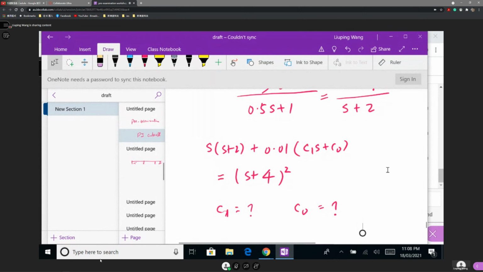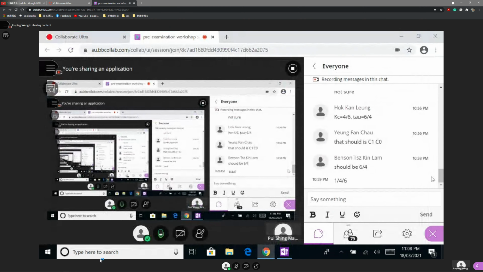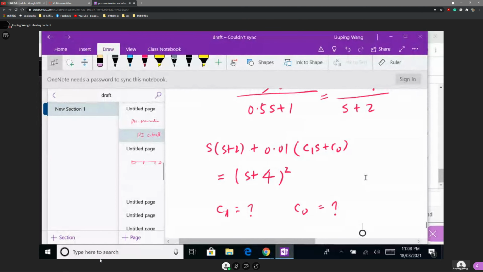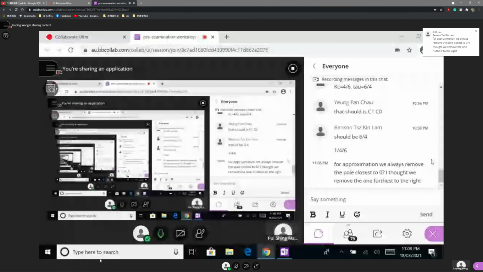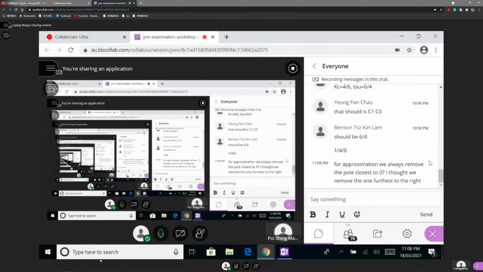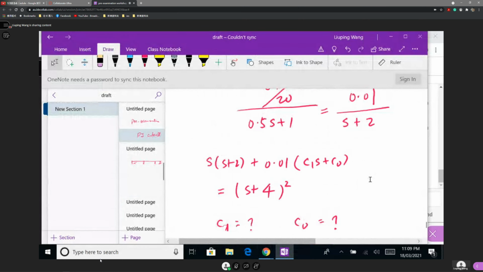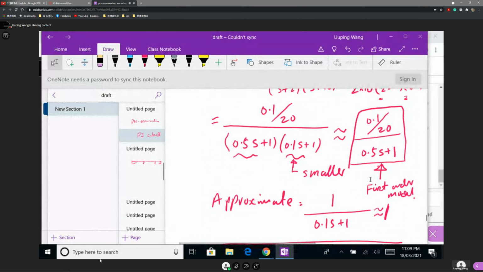Who got it? What is it? And no, we always change the pole further away from 0. No, I did this. No, I said it.